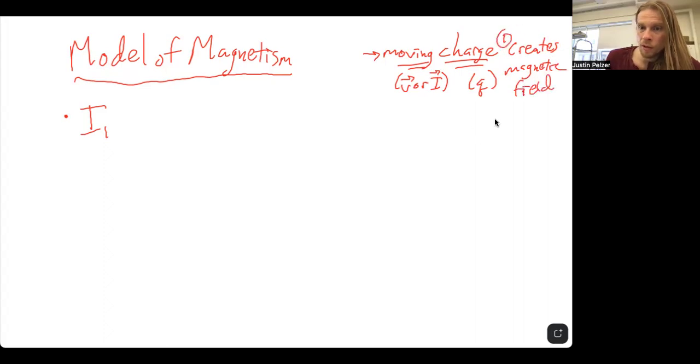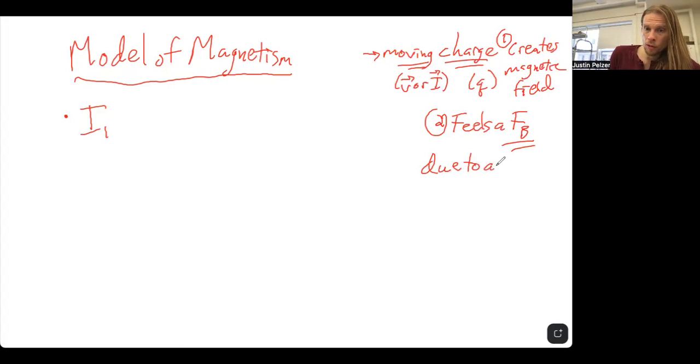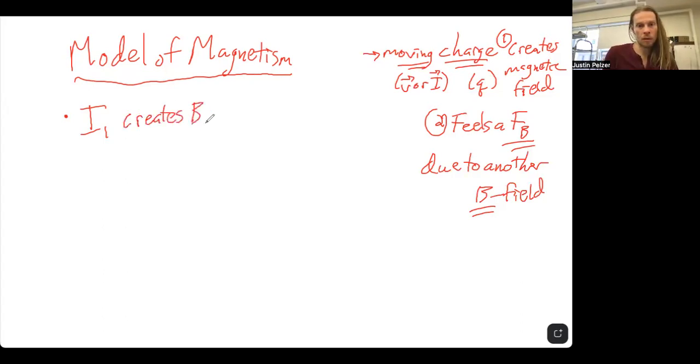One creates a magnetic field, and we'll say two feels a magnetic force. That's an FB, magnetic force, due to another field. By the way, B is magnetism. B field, I1, therefore creates B1, and B1 creates a magnetic force, FB, on another current I2.